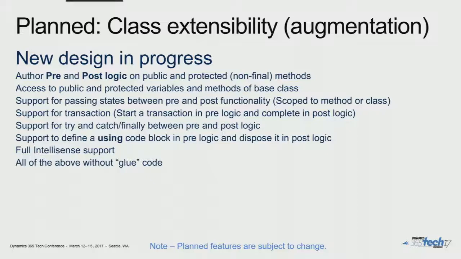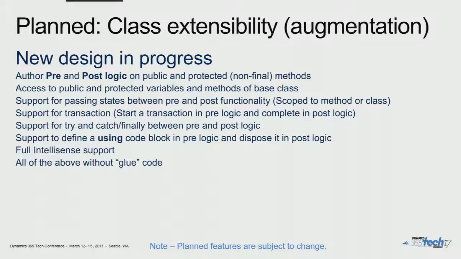You want to be able to pass state between those pre and post logic. So it doesn't necessarily have to be the same pre and post logic. You might want to start a state in the pre method of method 1 and then handle that state in the post logic of method 2. So we want to support these types of situations. And you want to be able to start a transaction and end it within that extension, also between pre and post logic.